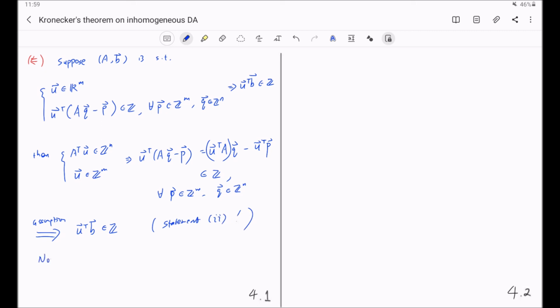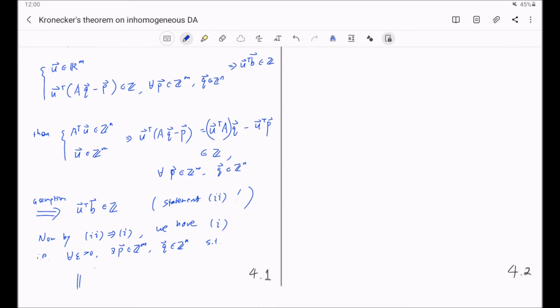And now by the Kronecker theorem, the direction from 2 to 1, we have the statement number 1, namely, for any epsilon greater than 0, there is p in Zm and q in Zn such that the maximum norm of Aq minus p plus b is less than epsilon.